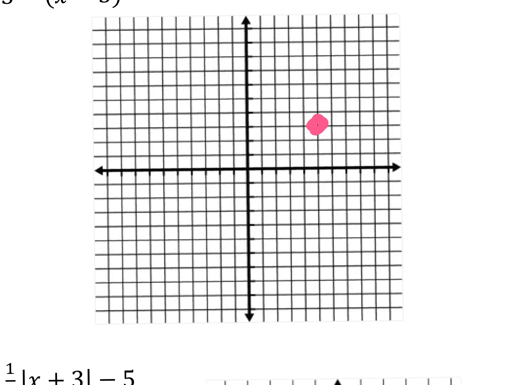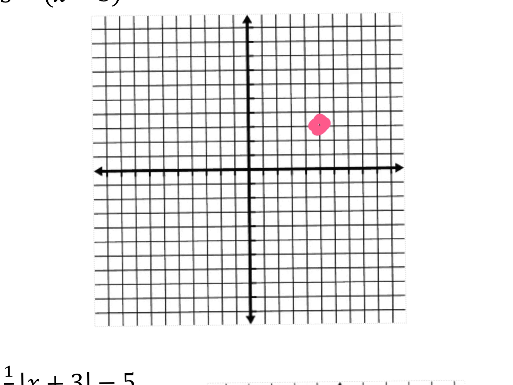Then it's facing down. So I'm going to say, all right, 1 squared is 1, but I got to go in the negative direction. So I'm going to say down 1. Negative 1 squared is 1, but I got to go in the down direction. 2 squared is 4. 2 squared is 4. 3 squared is 9. 5, 6, 7, 8, 9. And 9, all in the negative direction.